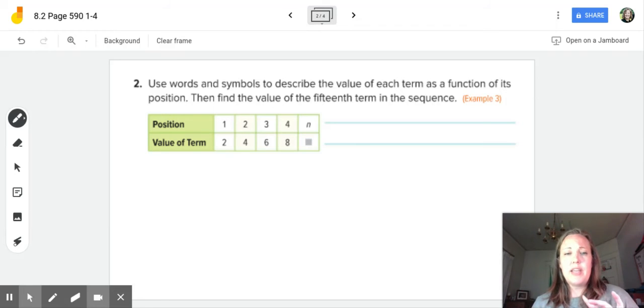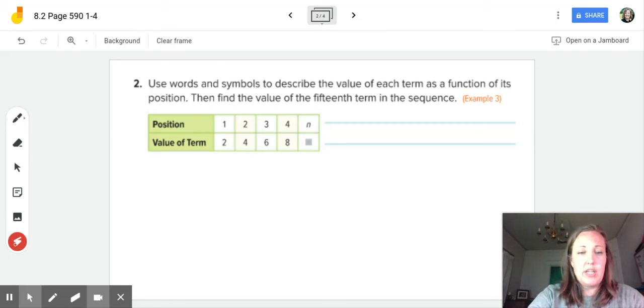We're multiplying the position number by something every time. So what are we multiplying it by? 1 times 2 is 2. 2 times 2 is 4. 3 times 2 is 6. And 4 times 2 is 8. So we need to find n times 2 to get this, right?